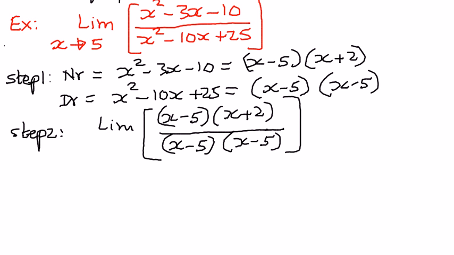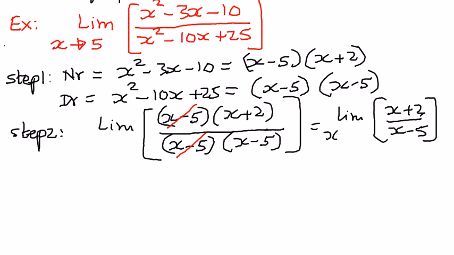And now, if I have common terms in the numerator and in the denominator, we can cancel them out. X minus 5 cancels out. Therefore, we are left with the limit of x plus 2 divided by x minus 5 as x approaches 5. As x approaches 5. So I missed that part, so I came back and then rewrote that there.